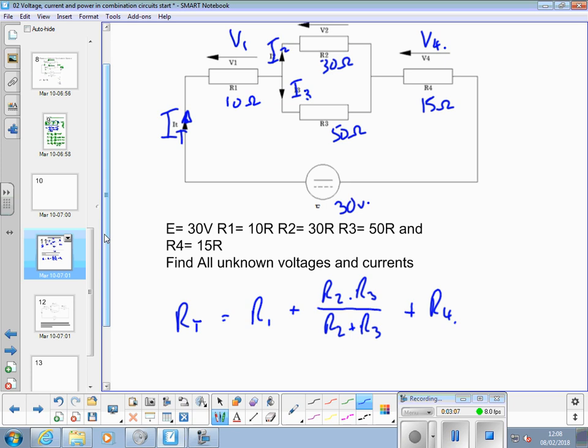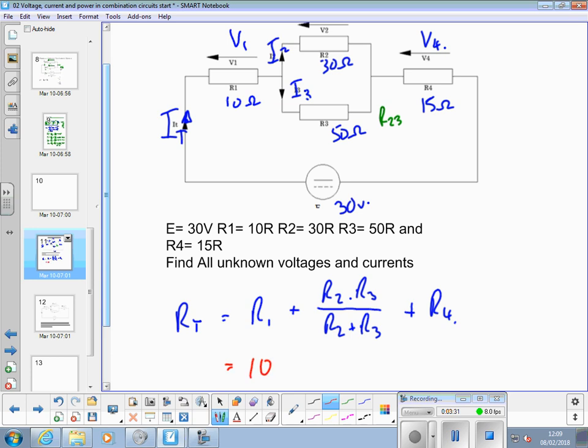If you just calculate this middle bit, call it R2 and R3 combined. Don't call it RT. It isn't RT for that circuit. It's the combination of those two together in parallel. So when we've done that, we put the values in.